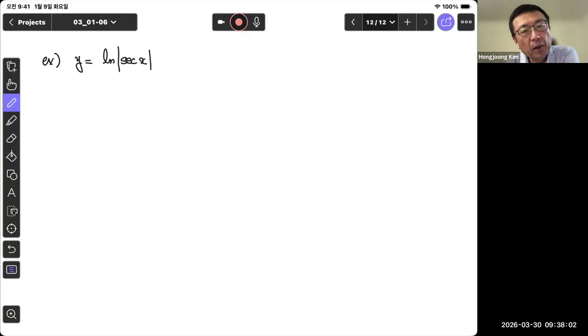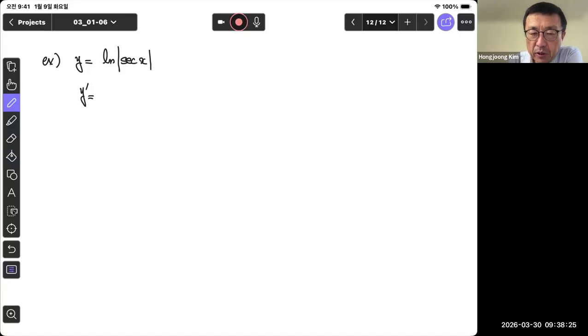So we have the composite of two functions. When I consider y prime, when the ln function is differentiated, you get 1 over x, right? But now I have the composite of two functions.